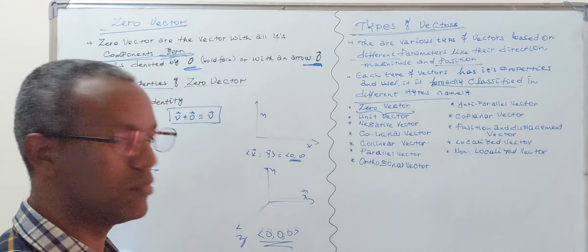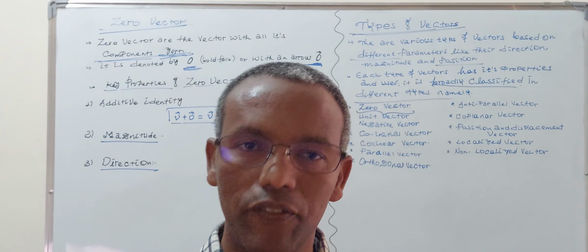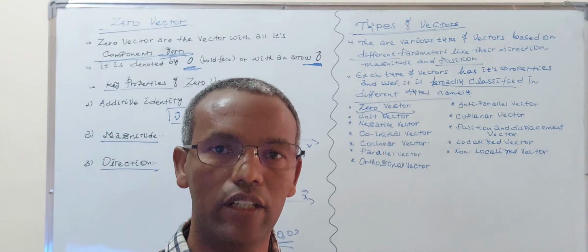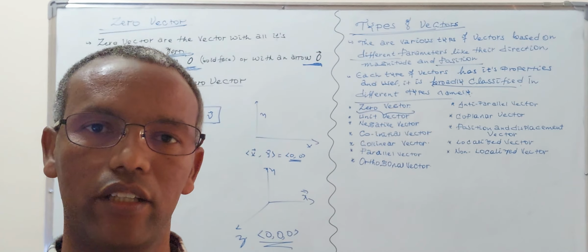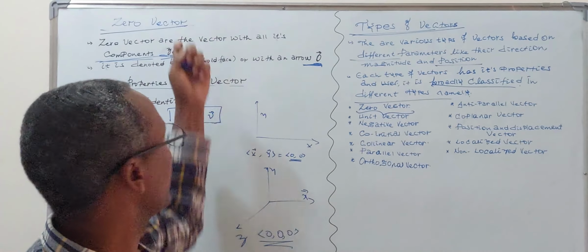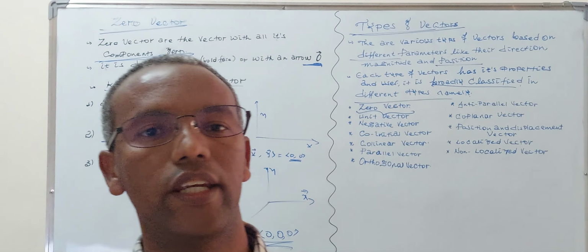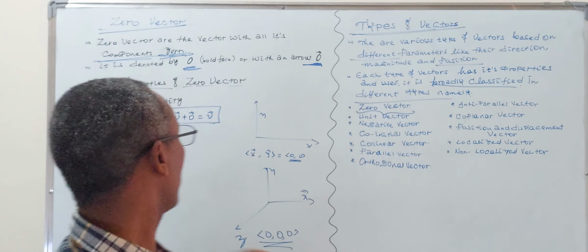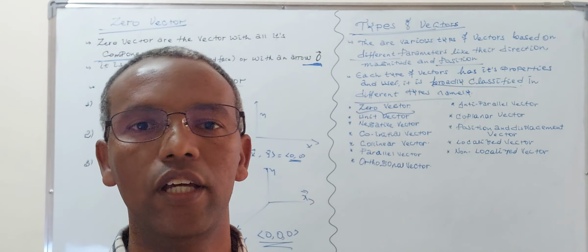There is no defined direction for a zero vector, or sometimes we say the direction is undefined. So these are the key properties of the zero vector.